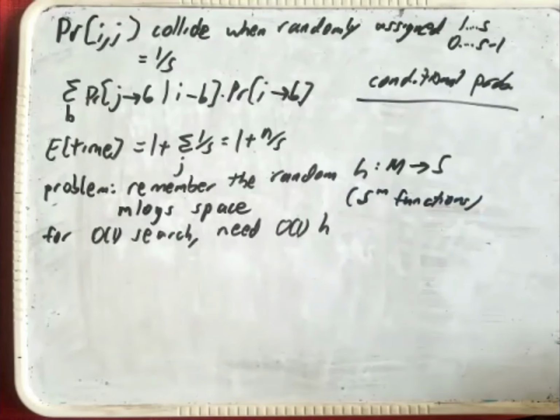But why should we? I mean, we don't need to specify the function to remember the values of. So you're saying that we only need to remember the values of the keys that we actually hashed. Yes. That is true, but if you think about it, remembering the values of the keys that we actually hashed is a dictionary problem.